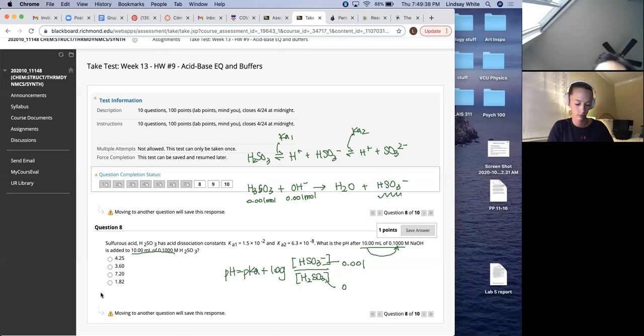I'm just wondering, why would they give you pKa and the concentrations of each one of these compounds, but they're equal to each other? And then you end up with a concentration of conjugate base.